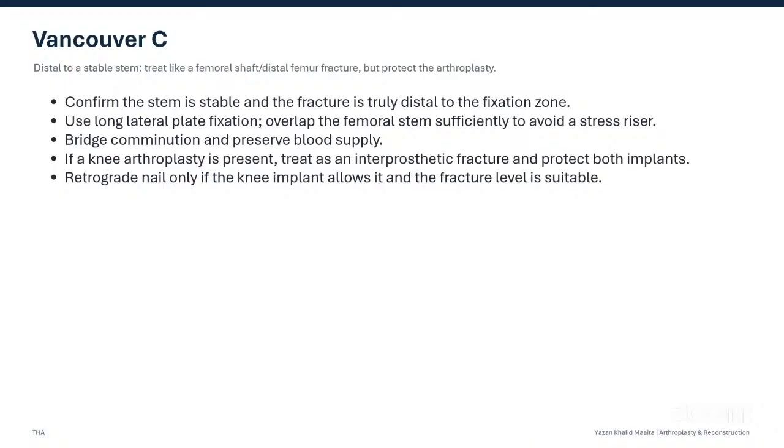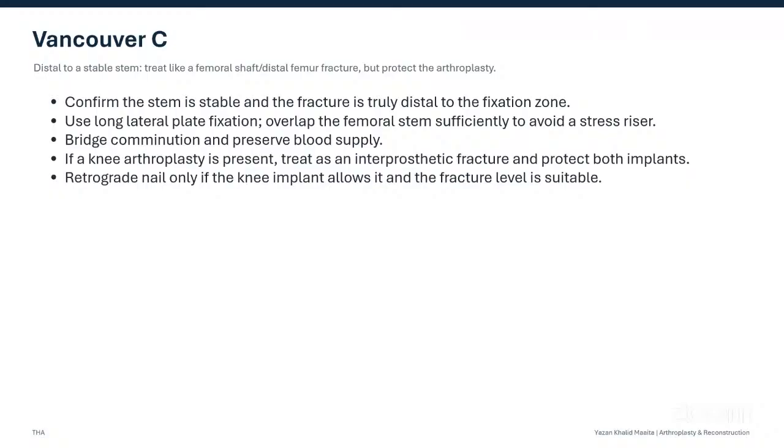Vancouver C, where the fracture is distal with a stable stem, is treated like a femoral shaft or distal femur fracture, but protect your arthroplasty. Confirm the stem is stable and the fracture is truly distal to the zone of fixation.